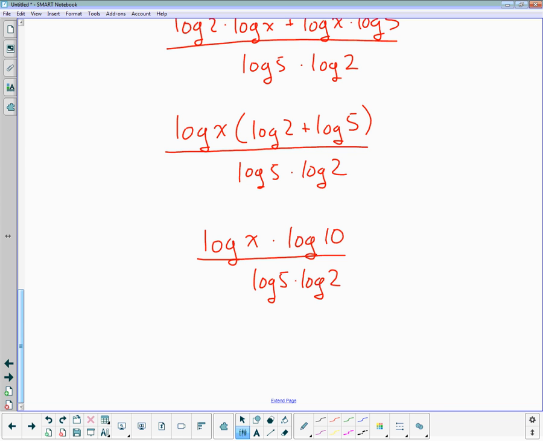When I have log base a of a, what's it equal to? 1. And no, you cannot combine those terms in your denominator, and you're done. You see how it's a different kind of mechanical process?